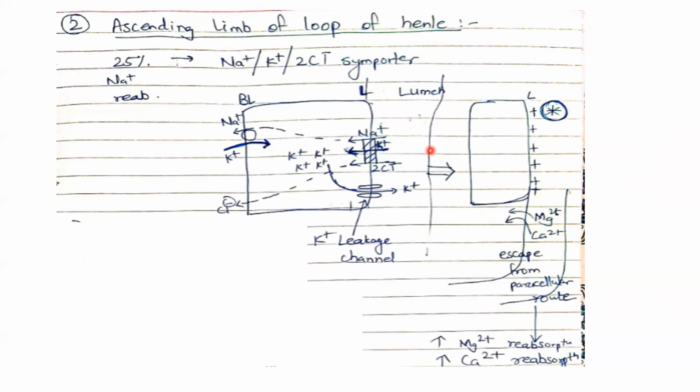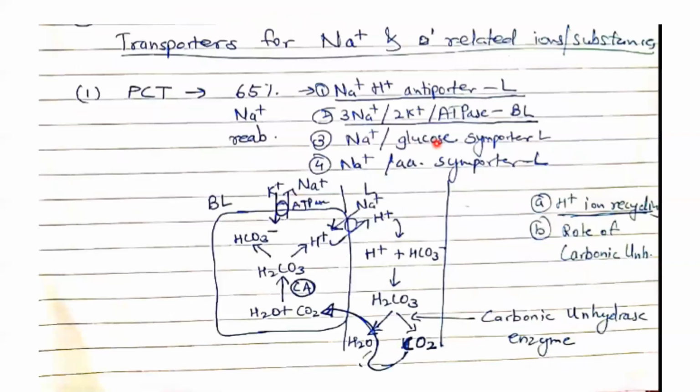In an antiporter, the substances are moving in opposite directions. In a symporter, both or however many substances, like here we have three, sodium, potassium and chloride, all these three are moving in the same direction. Do you recall, have we discussed any antiporter till now? Yes, we have. You recall this? Sodium, that is Na plus, H plus antiporter.